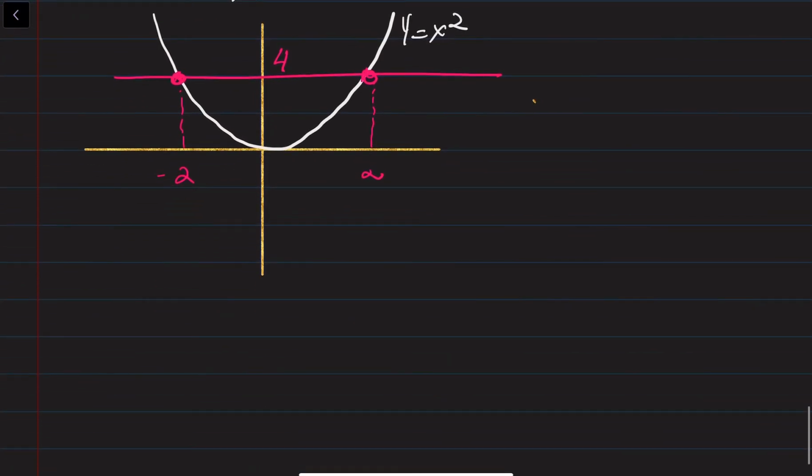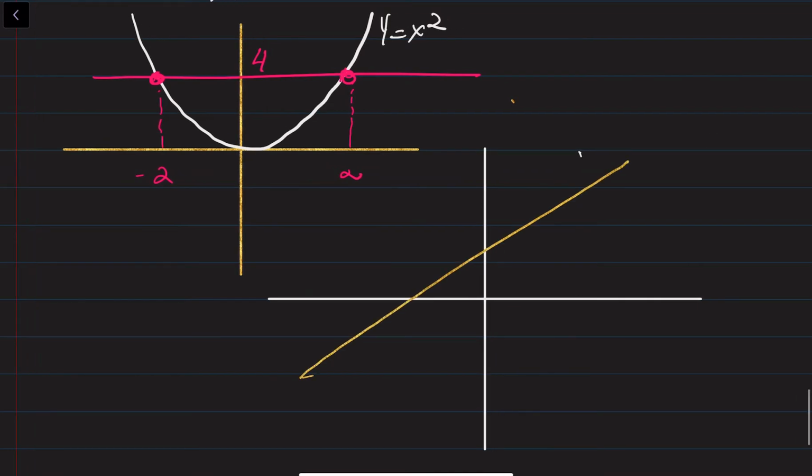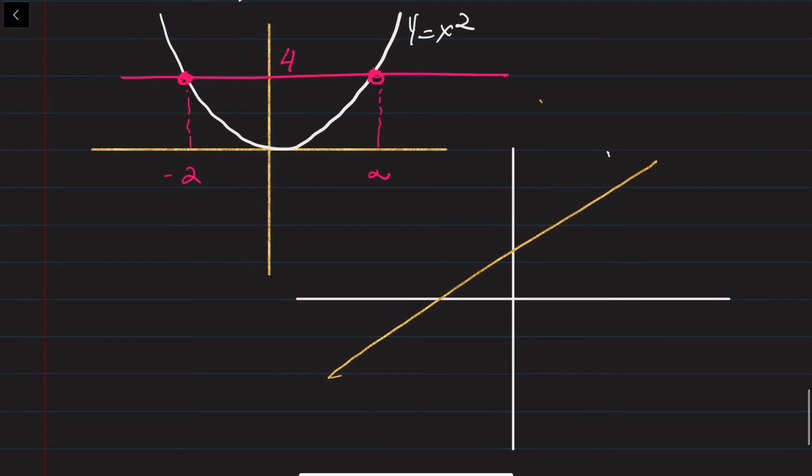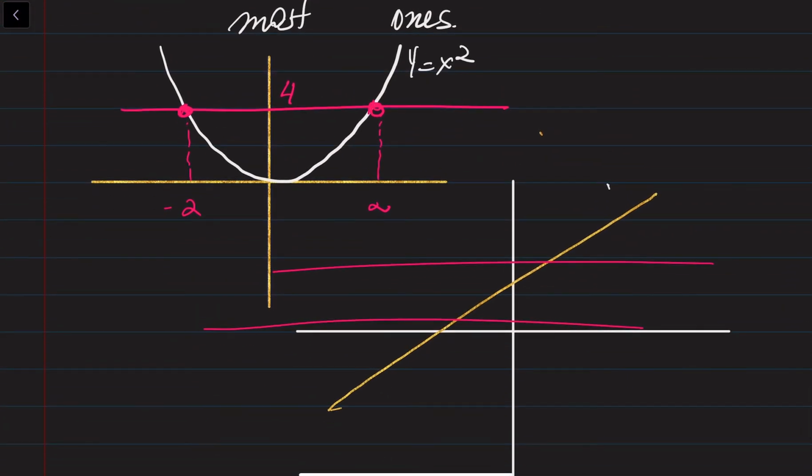At the same time, I can draw another function which is going to be a one-to-one function. Any line is a one-to-one function. For example, I can draw this line, right? You see, it doesn't matter where the horizontal line is, it's always going to intersect this yellow curve at most once. So just using the horizontal line test, we can identify whether your function is one-to-one or not.